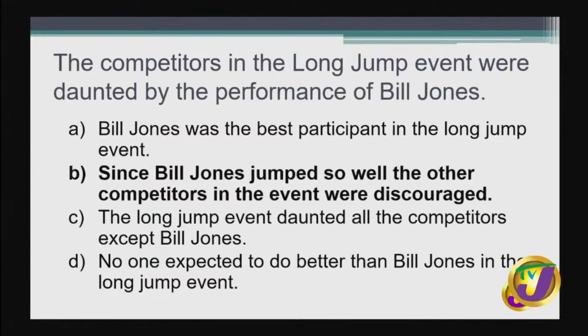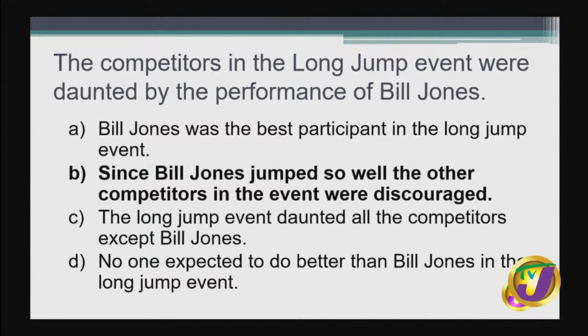Did you get B? Since Bill Jones jumped so well, the other competitors in the event were discouraged. Yes, the word daunted was used in option C. However, it was not used to convey the same meaning. It just said the long jump event daunted all the competitors except Bill Jones.